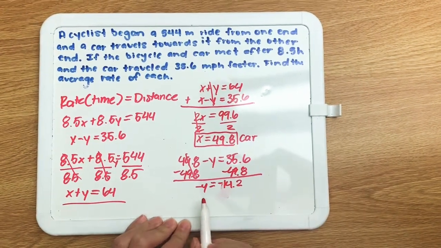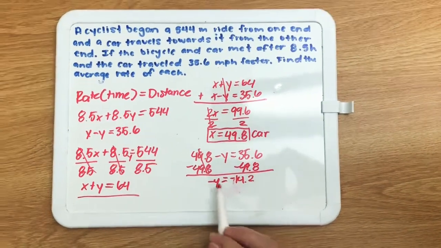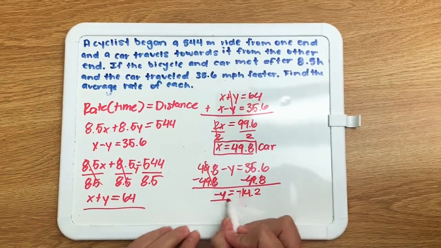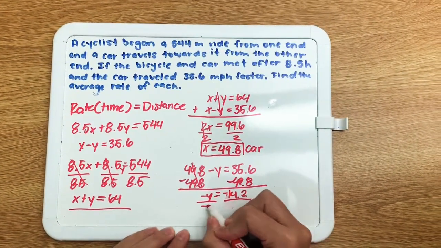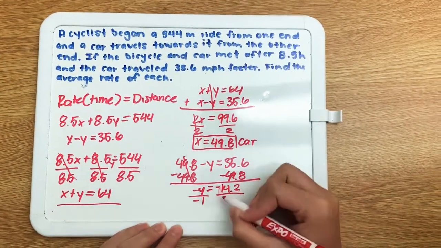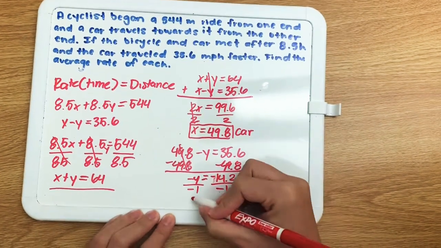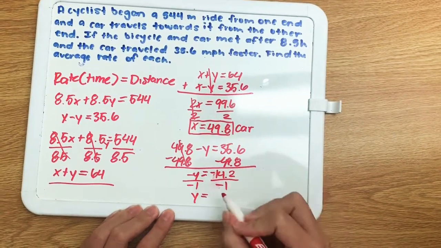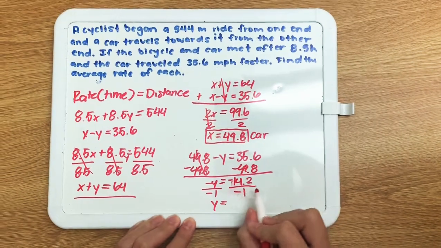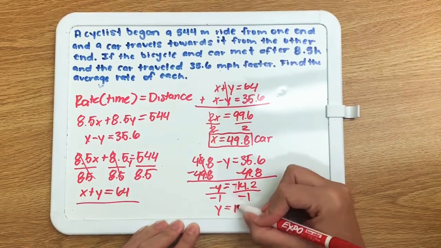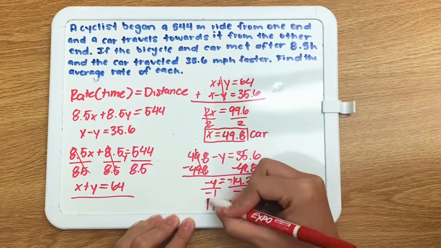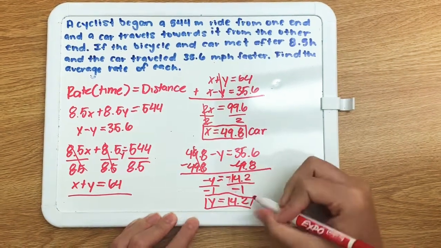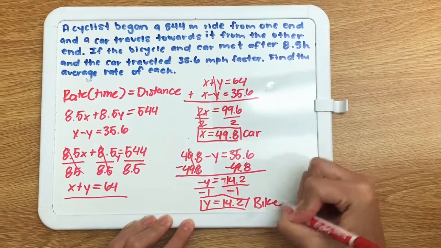Because there's a negative y, we never want that to happen. So you just divide both sides by negative 1, because there's always an invisible 1. That'll leave you with y equals negative 14.2 divided by negative 1, which is positive 14.2. That will be for the bike.